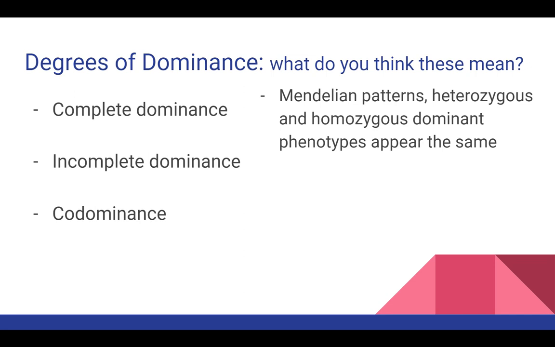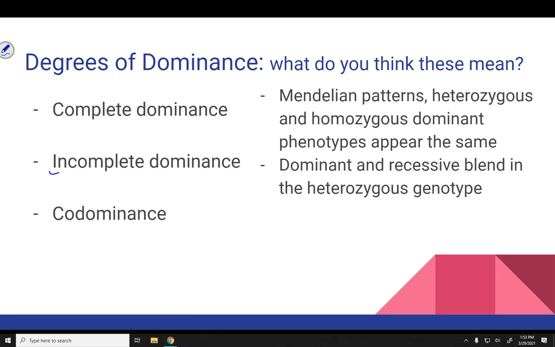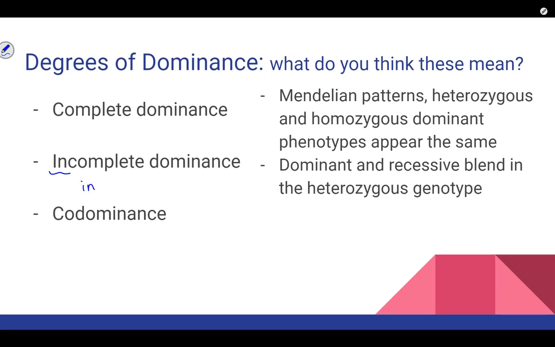Incomplete and codominance are examples where that's not the case. Incomplete dominance is when you see something in between. That's kind of how I remember this. Incomplete dominance is in between the 2.